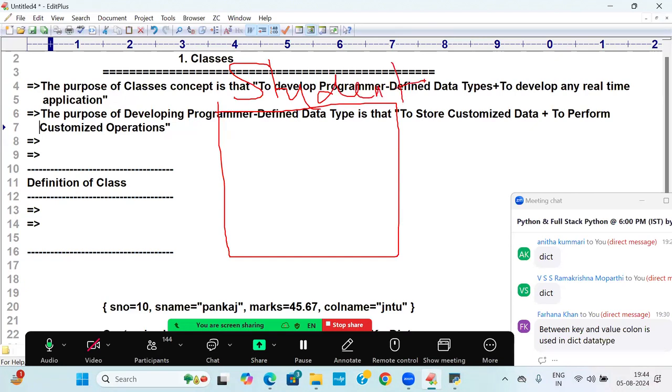Types of students are what? Objects. Inside the class, I planned to design what? Number I want to store, SNO. Name I want to store, yes, name. I want to store M1, M2, M3. What are these all called? Data members.